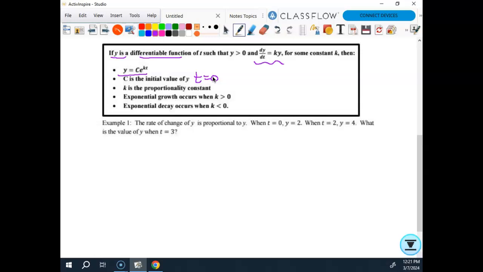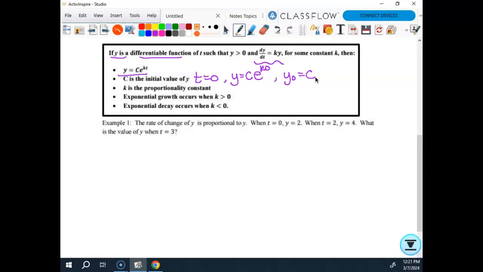Does that make sense? So when t equals 0, y equals c times e to the k times 0 power. That's where that 1 comes from. And what you get then is y sub 0 equals c. That's your initial y, your y sub 0 there.